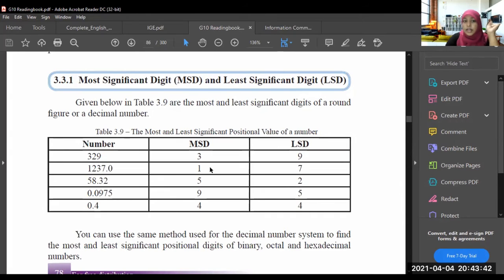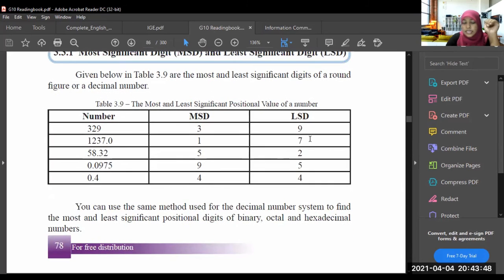So in this table, the most and least significant positional value of a number is given, right? For example, these are decimal numbers, isn't it? 329. The most significant digit here is 3, because the position of 3 is the biggest one, right?